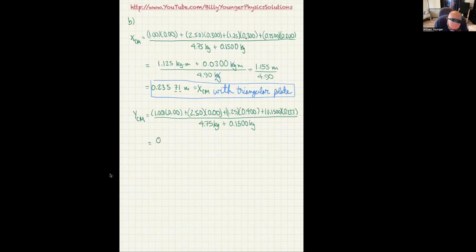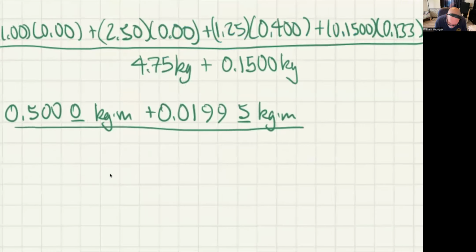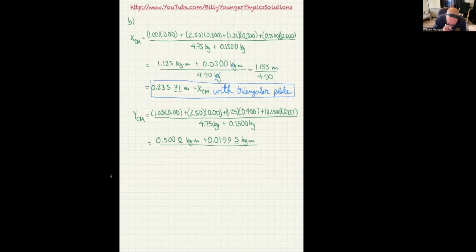So I get 0.500 with a line under it for the first three, plus 0.01995 kilograms times meters. That's just the part for the plexiglass, and you can see that the sig figs go all the way to the fourth decimal place in this case.